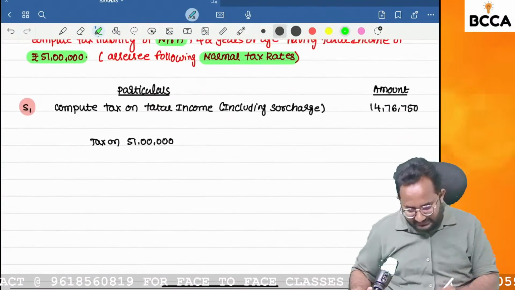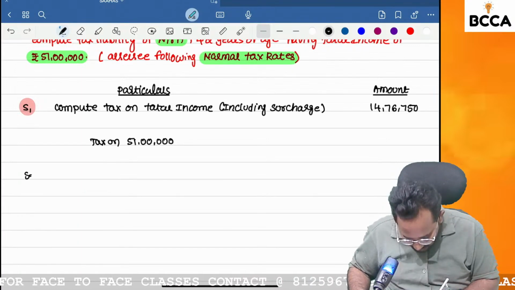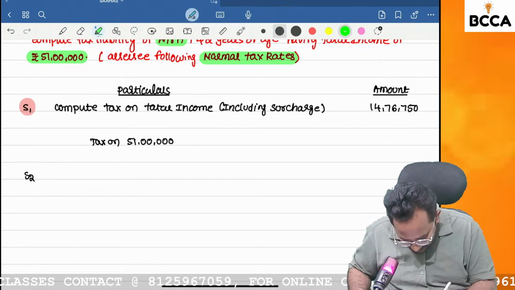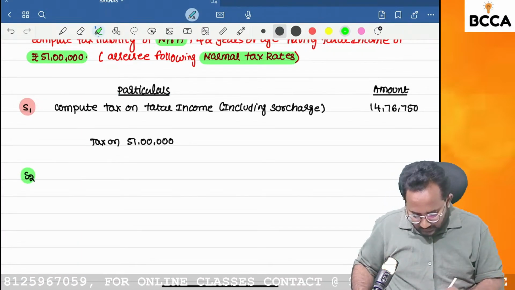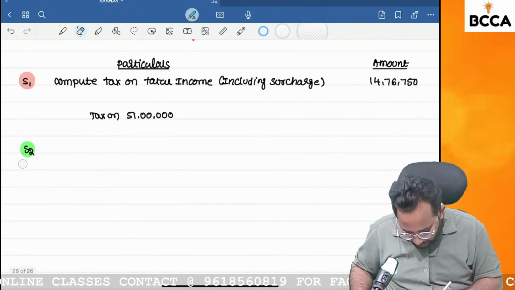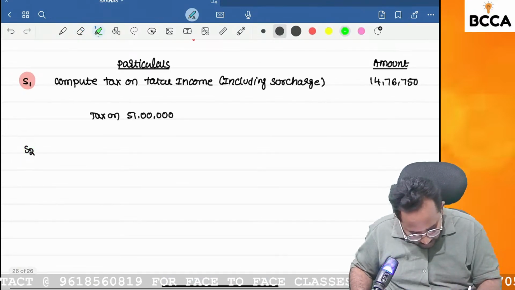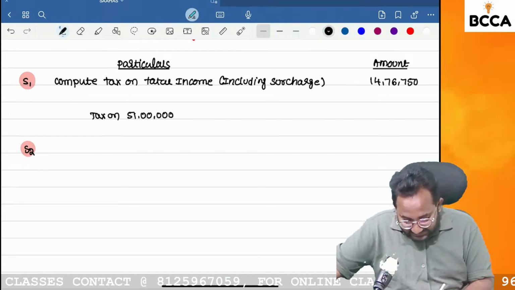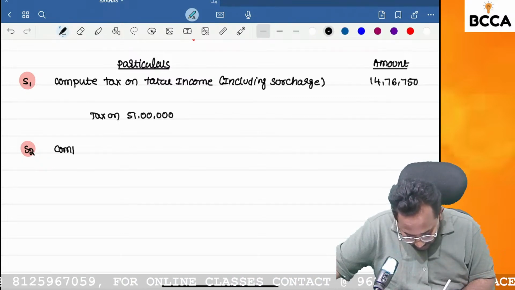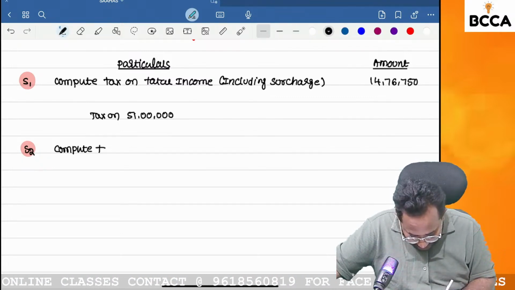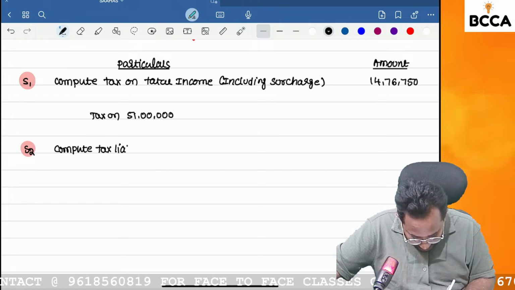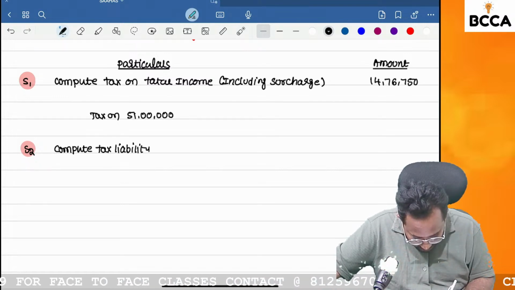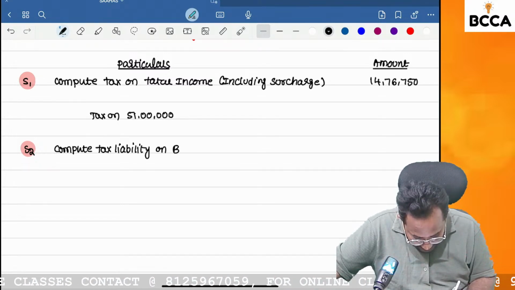Okay. Second step. What is the second step we have to follow for calculating the marginal relief? Compute tax liability on basic limits.